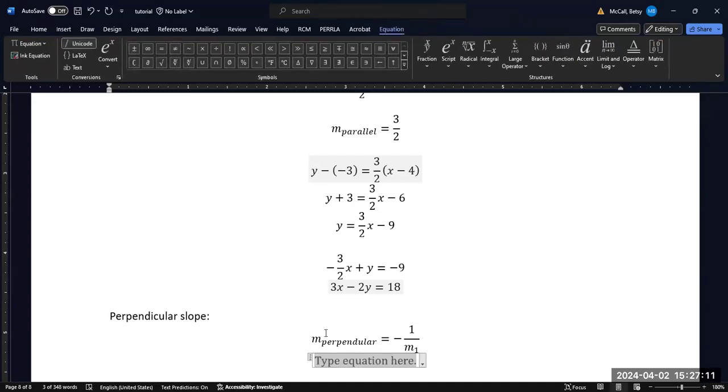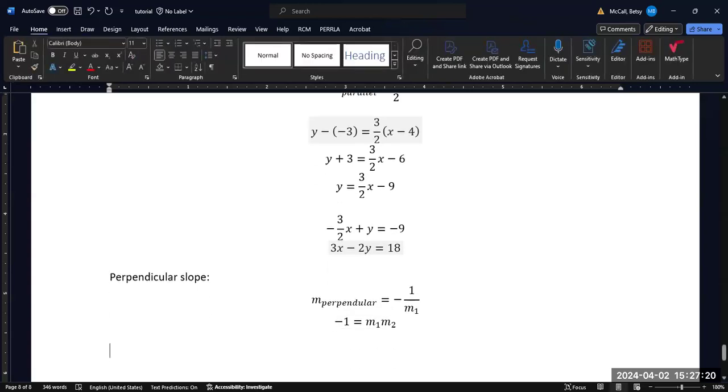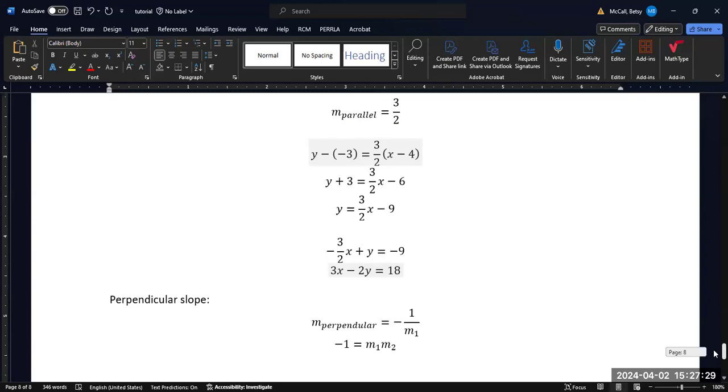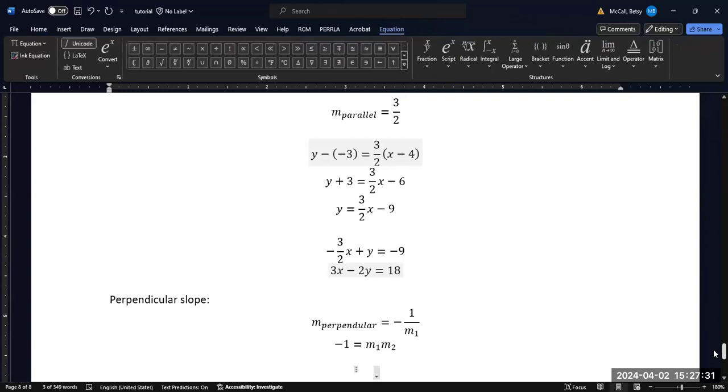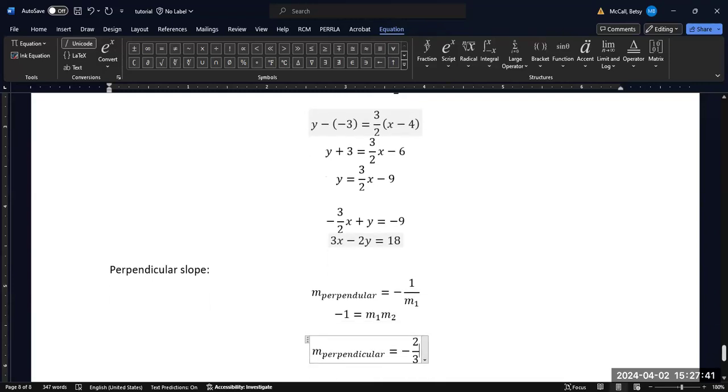Another way to think about this is that the product of the two slopes is equal to -1, but this is really just a different way of saying the same thing. So the slope of the original line was 3/2. So m perpendicular is going to be -2/3. So again, flip the fraction and change the sign.